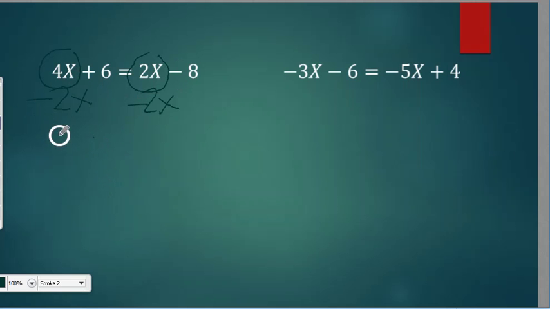Just remember that whatever you choose, you do the same thing on both sides. So let's write down what we have left. 4x minus 2x is 2x. 2x plus 6 is equal to, this totally canceled out, which is what we wanted to have happen, and then we were left with a negative 8. Now from there, we're just solving a two-step equation. 2 times x plus 6 equals negative 8.